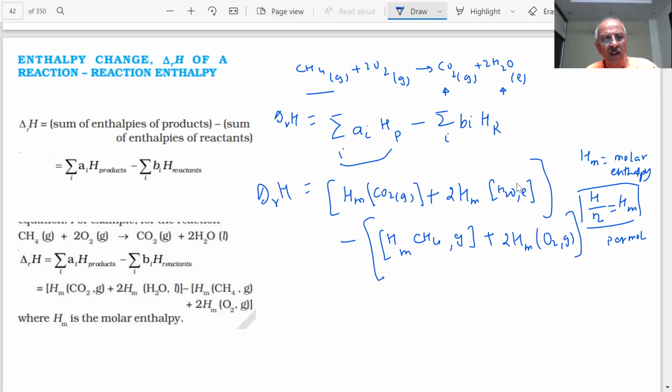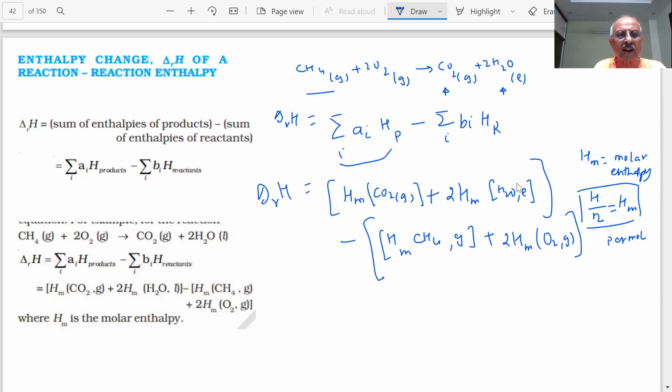Note down everything before I proceed further. So we are telling you that enthalpies can be calculated for a reaction. This is a reaction which we have taken. If these values are known to me, or are given to me, then I can calculate the enthalpy change for this reaction.